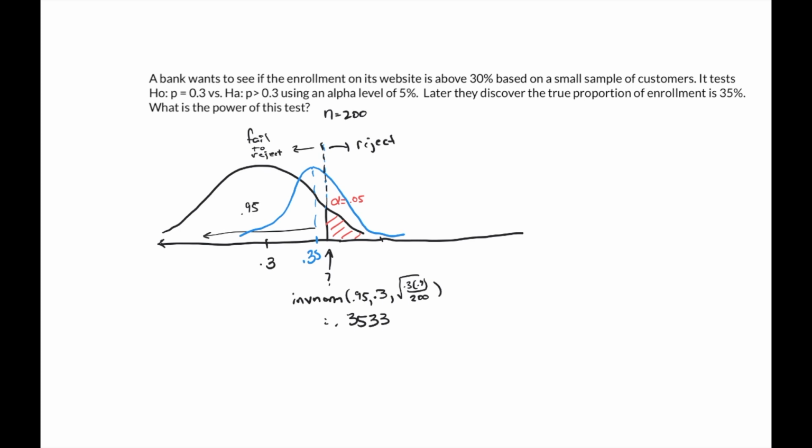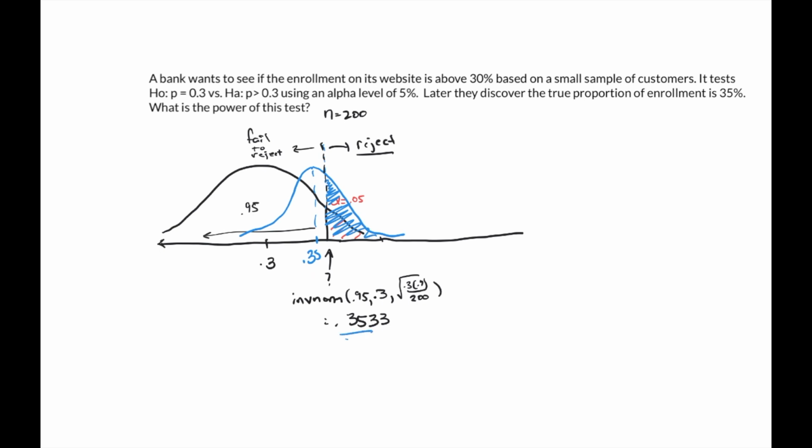We're talking about power, so we're interested in rejecting the null in this case, because I know I should have been rejecting the null, because the percentage really isn't 30%, it actually is greater than 30%, it's 35%. So what we want to do is find the area above this section, right in here.